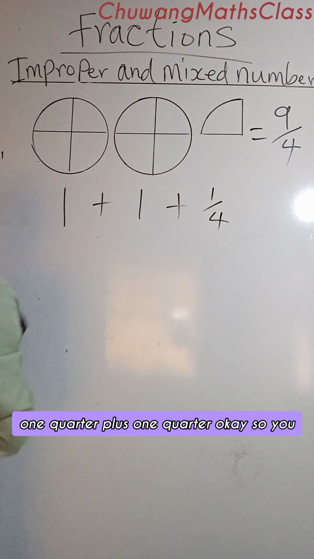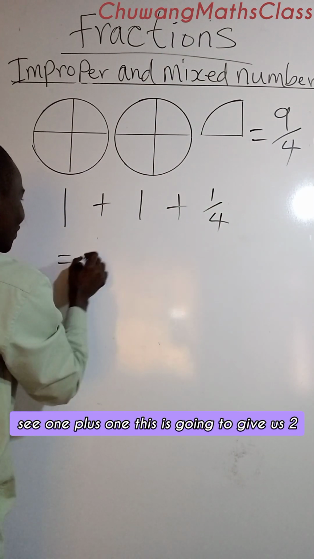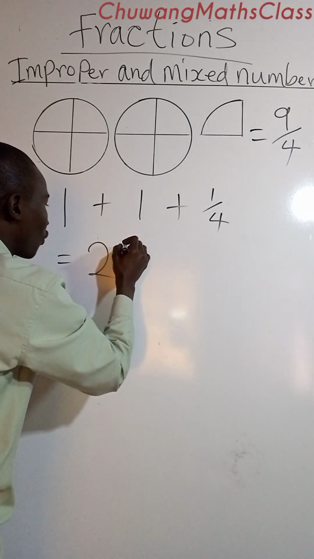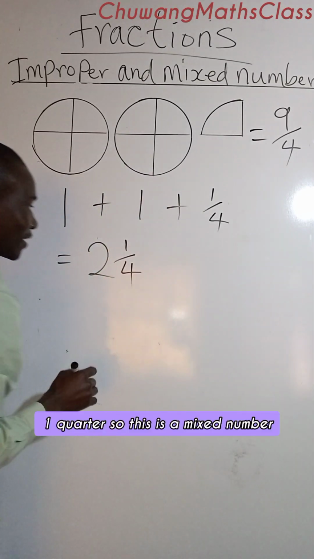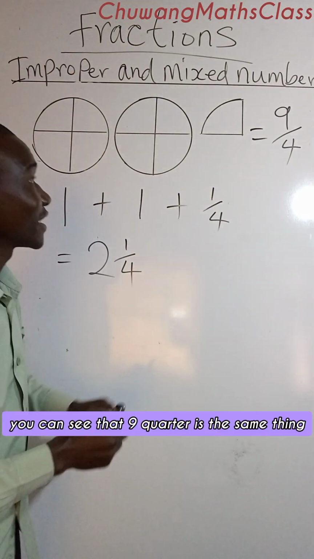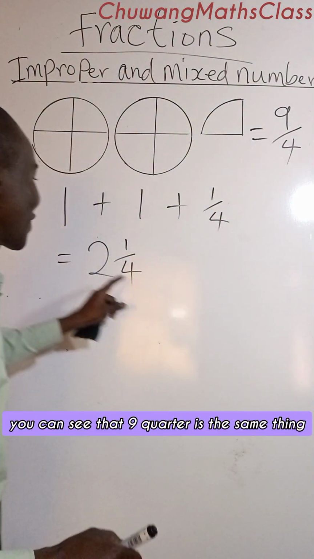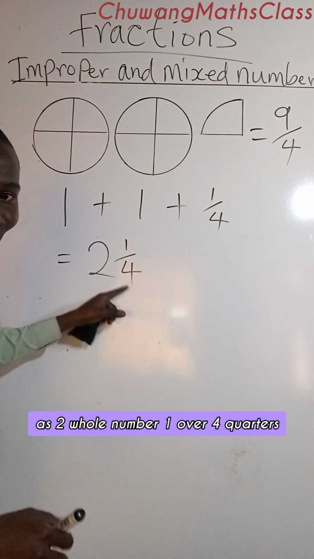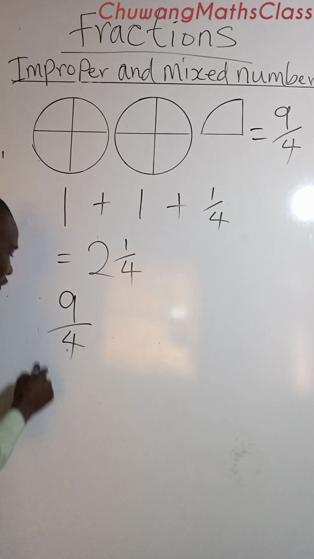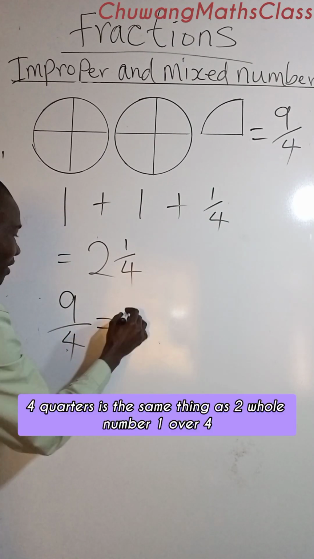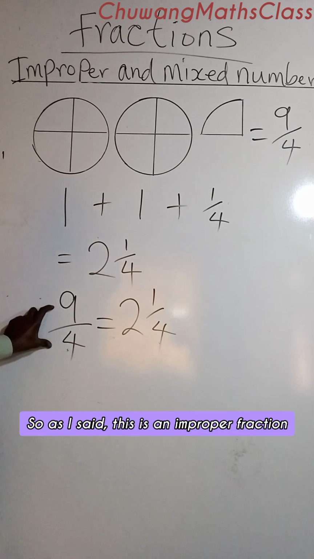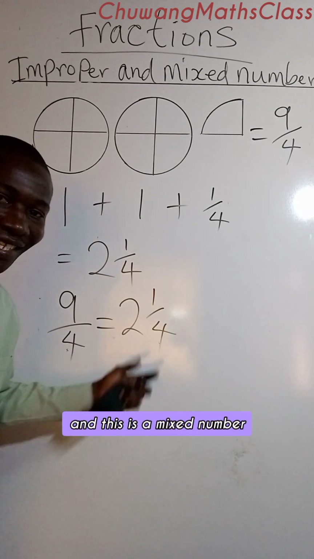You see, 1 plus 1 gives us 2 whole circles plus 1/4. So this is a mixed number. From this example, you can see that 9/4 is the same thing as 2 whole and 1/4. As I said, this is an improper fraction and this is a mixed number.